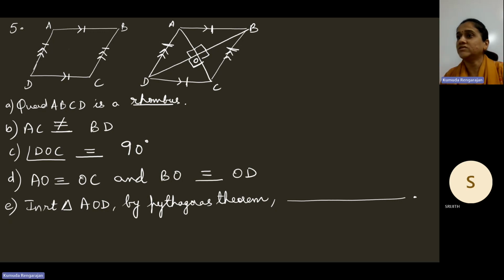You completed that blank? Yes, Anirudh? A square plus O square is equal to D square. Is it good? Yes. What's your answer?